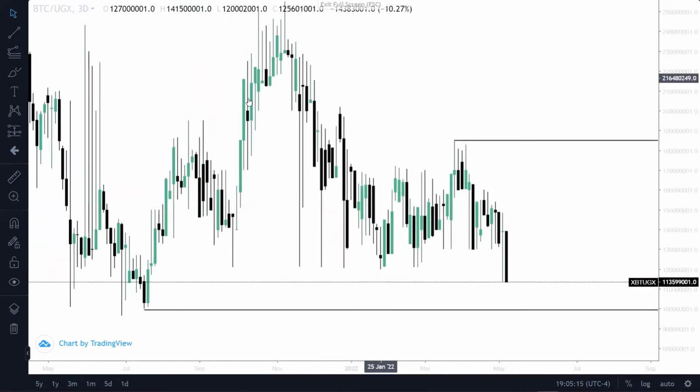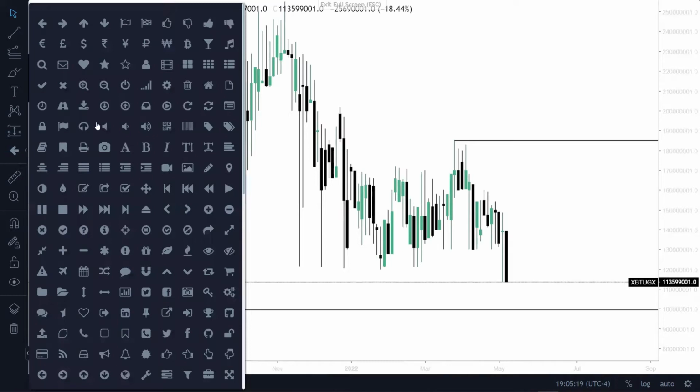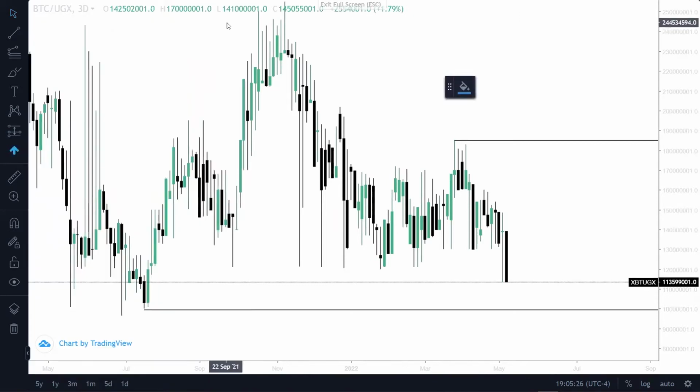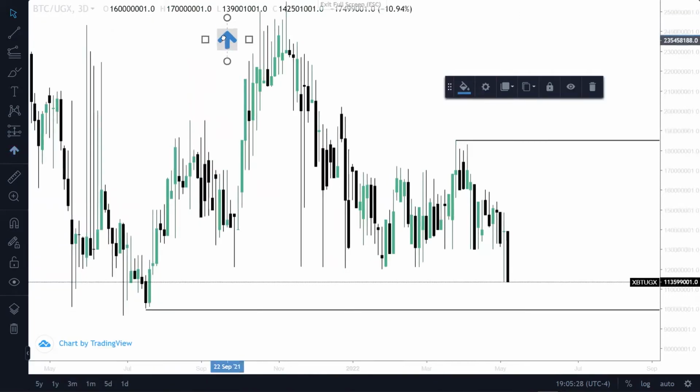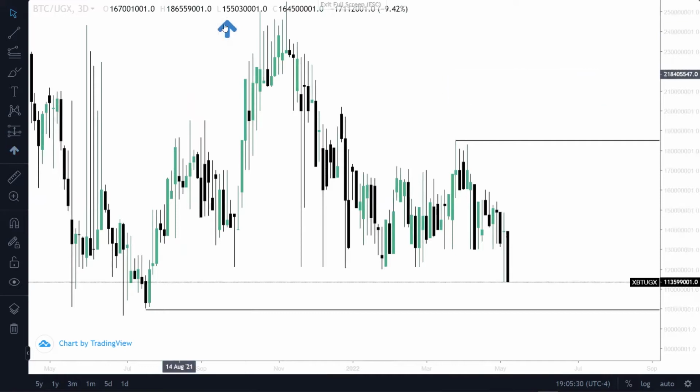So if you want to see that very well, let me use something that I normally use. I'm using this arrow. I want you to look at L, over the low. Okay, that's L there on this candle. That is 113 million Ugandan shillings.